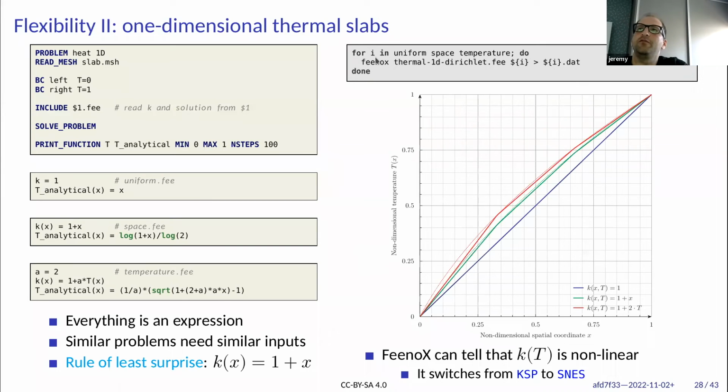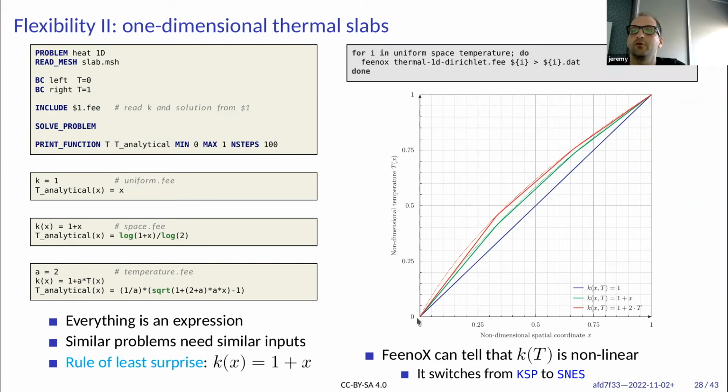If we now run FeenoX with this input file and pass uniform, space, and temperature, like 3 runs, then we can see the blue curve is the case for conductivity equal to 1. In this case, at exactly the nodal values, the analytical solution coincides with the finite-element solution. The green one is for space dependent, and we can see here that we have linear interpolation between the nodes.